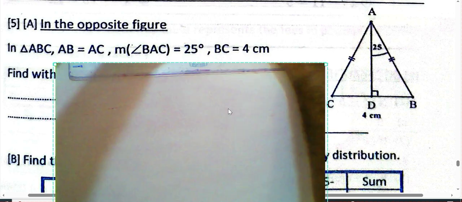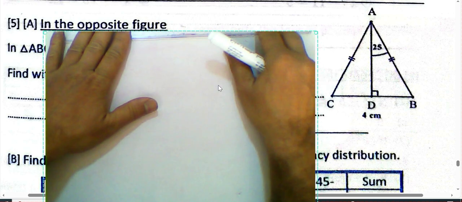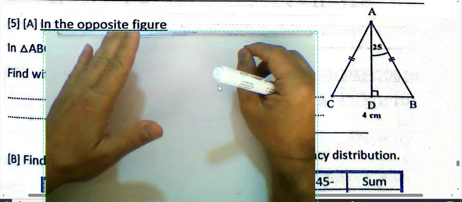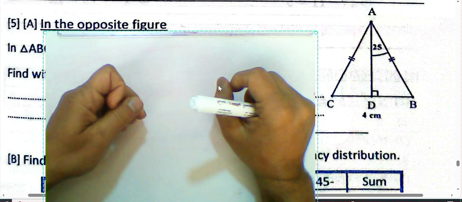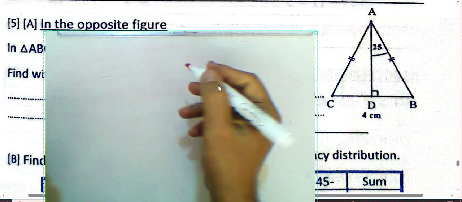Change the question: find the measure of angle C, not B. We can find the measure of angle C. We don't need to prove that the two triangles are congruent. It's a direct question. Here we have an isosceles triangle, then the measures of the two base angles are equivalent.